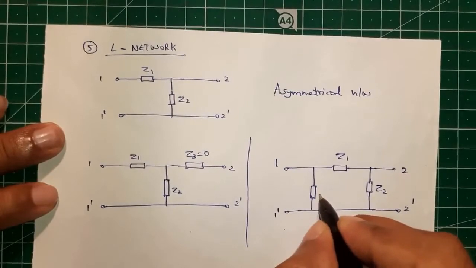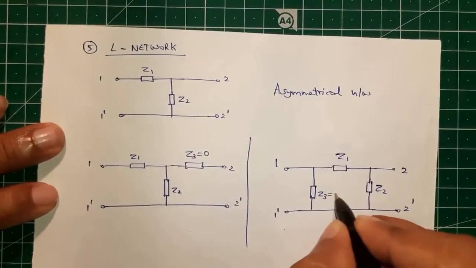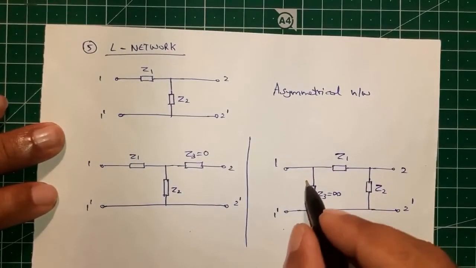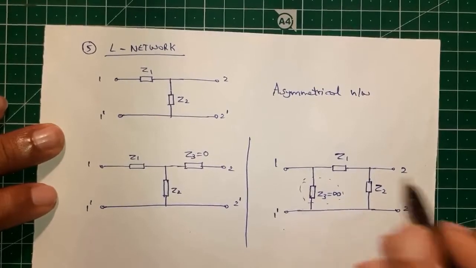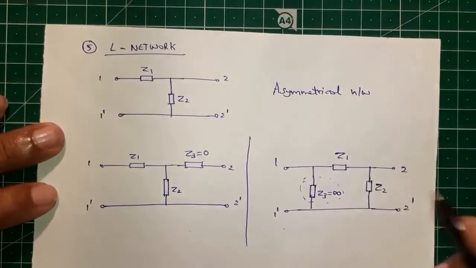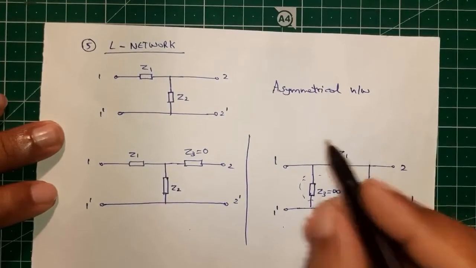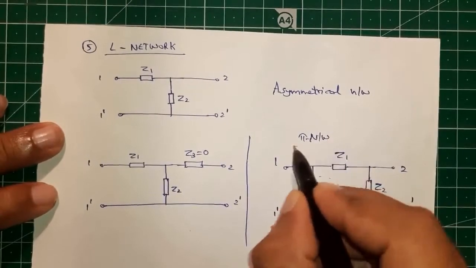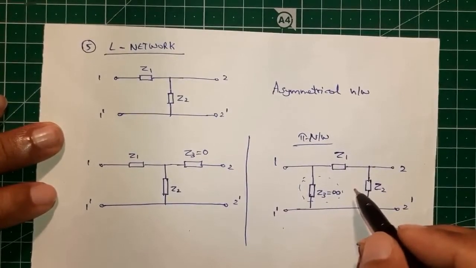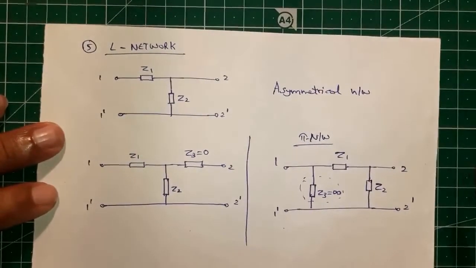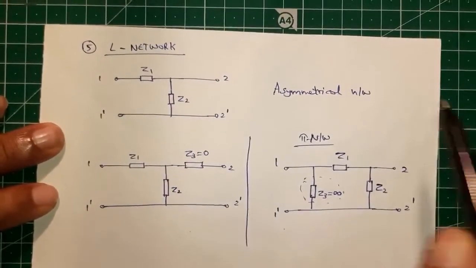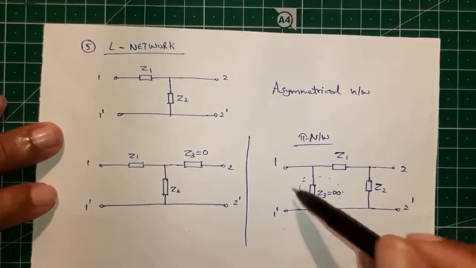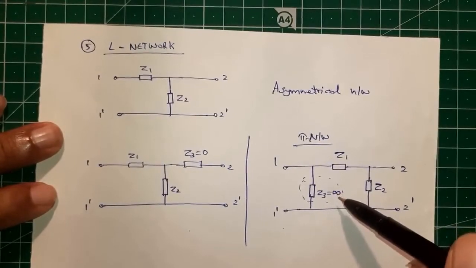Say this is Z3, and this is an open circuit. That means Z3 is equal to infinity. Then this will vanish; this branch will be an open circuit. So this pi network can be transformed to an L network. So this L network can be viewed as a special case of a pi network also, when this shunt arm impedance is equal to infinity.